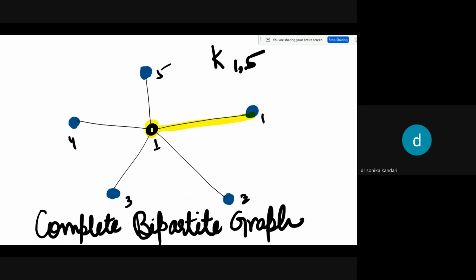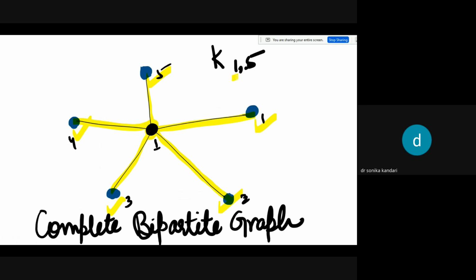One group is shown in black and another group in blue. Here one vertex is connected to 5 vertices of the other group, one to 4, one to 3, and one to 2.